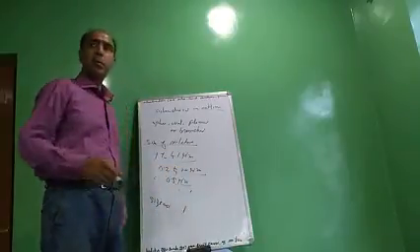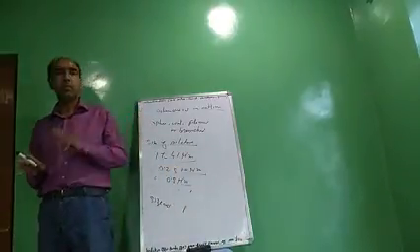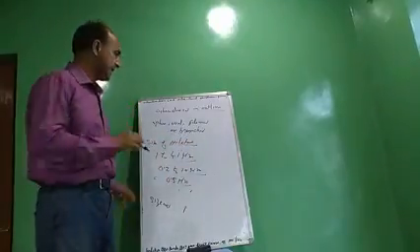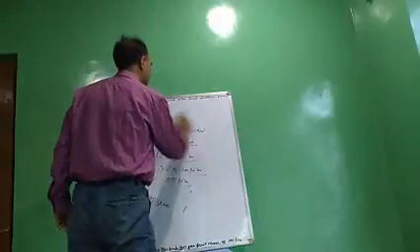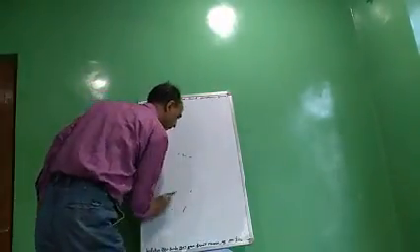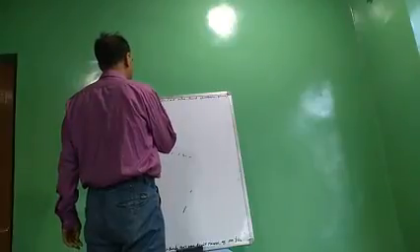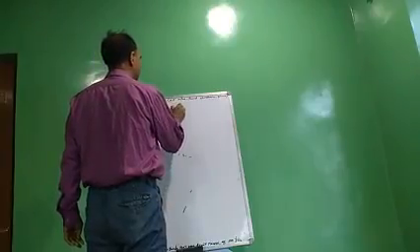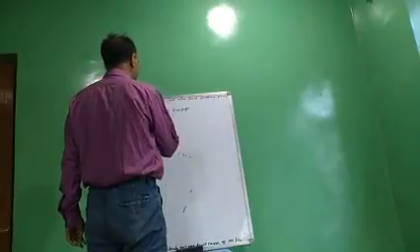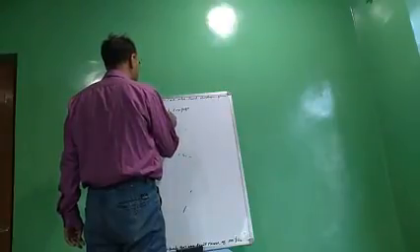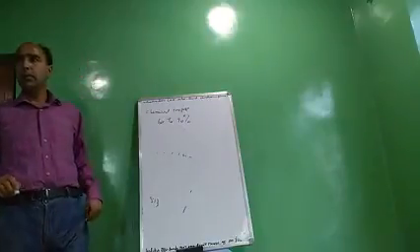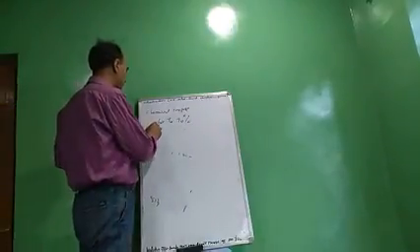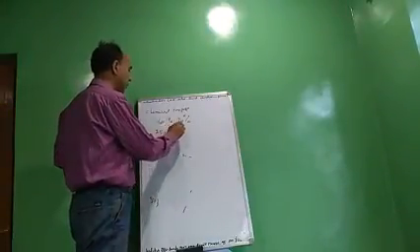If we go for the chemical composition of the mitochondria, protein is 60 to 70%, and lipid is 25 to 35%.